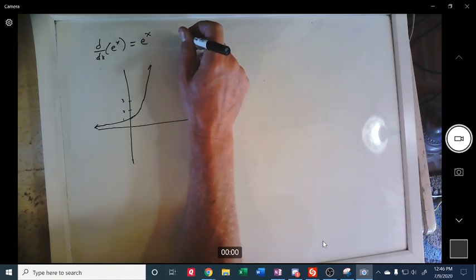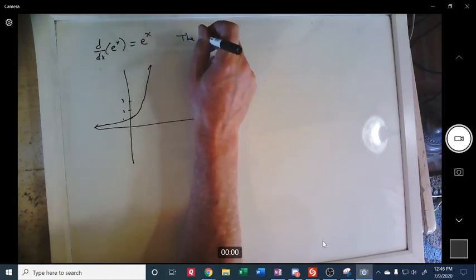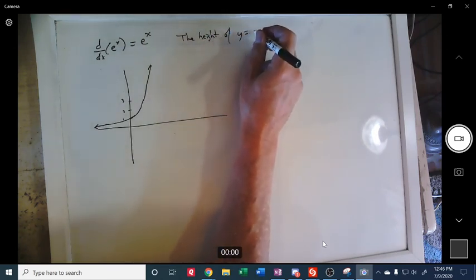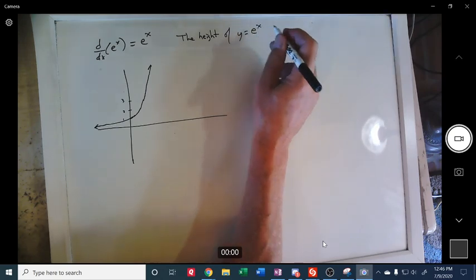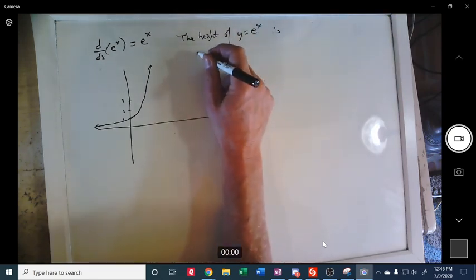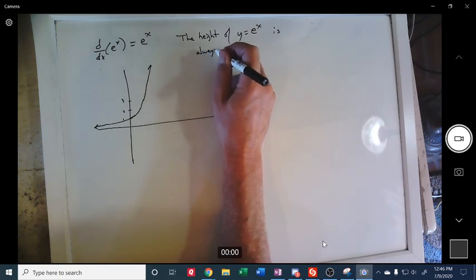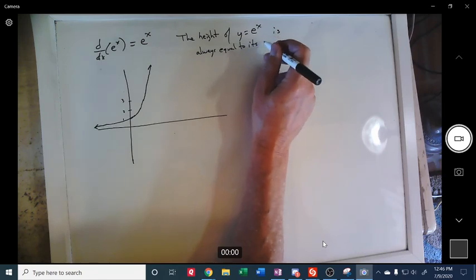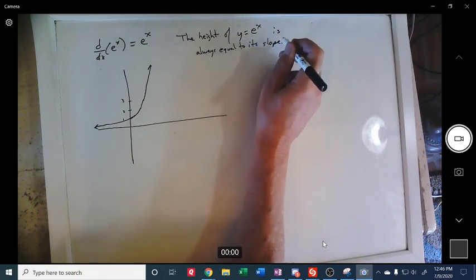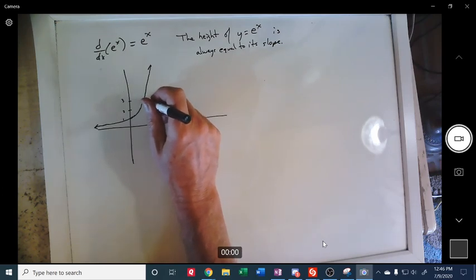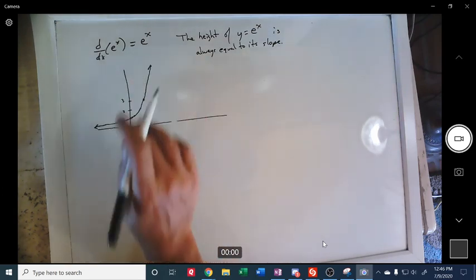The height of y equals e to the x is always equal to its slope. So at any point on this curve, if its height is 3, its slope is 3.